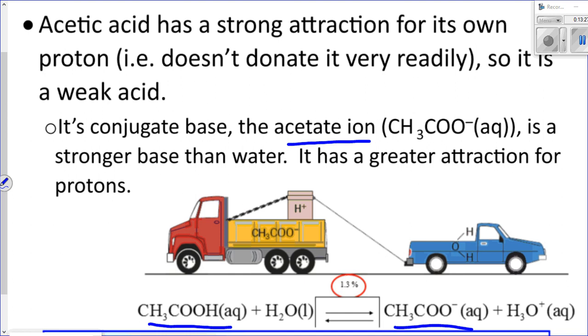So that means at equilibrium, right here, since acetic acid is a weak acid and it really doesn't want to donate its proton to water, it would rather hold on to it. The forward reaction has a really low percent yield, that 1.3% right there. CH3COO-, that acetate ion right here, is a strong base.